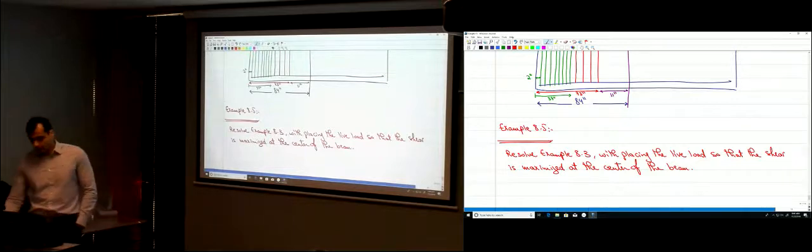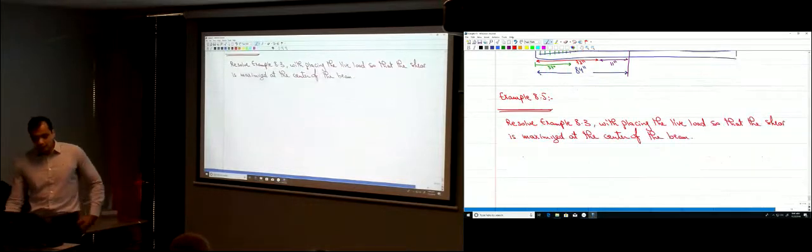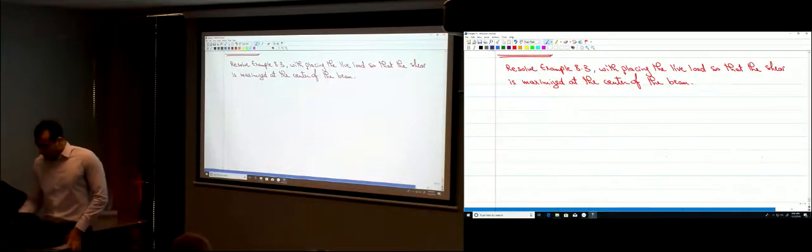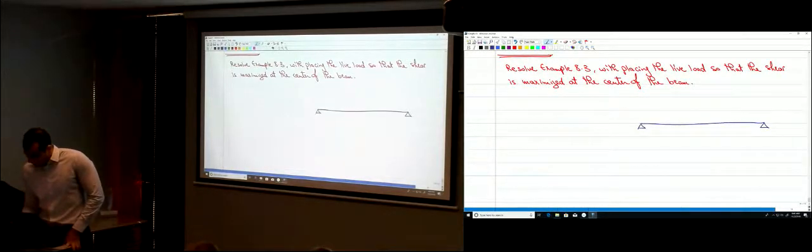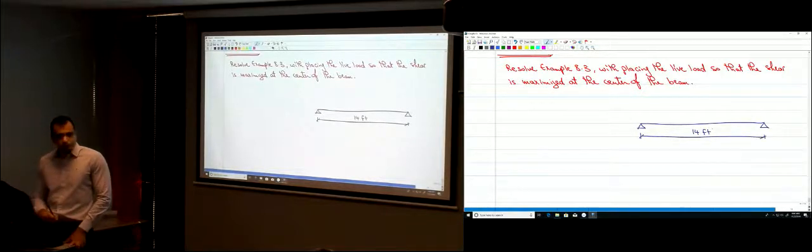Okay? So now, I have my beam like this. This is 14 feet, right? I have a dead load.